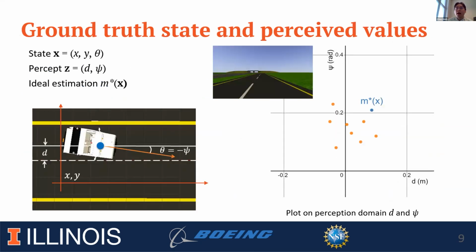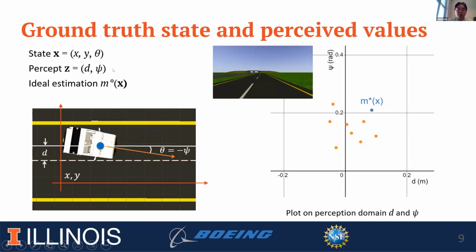Now I'm going to dive into the details of our approach. We first need to formally define the state domain and the perception domain for the lane tracking system. The state is simple: it is the 2D XY position and the orientation of the car with respect to some world coordinate.